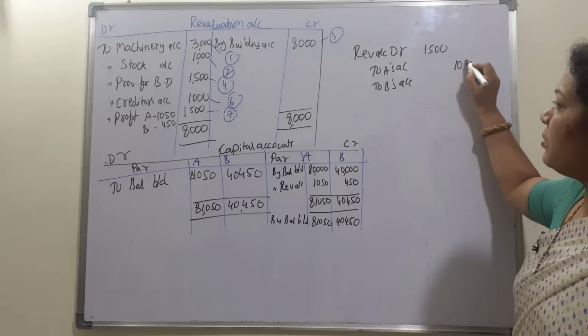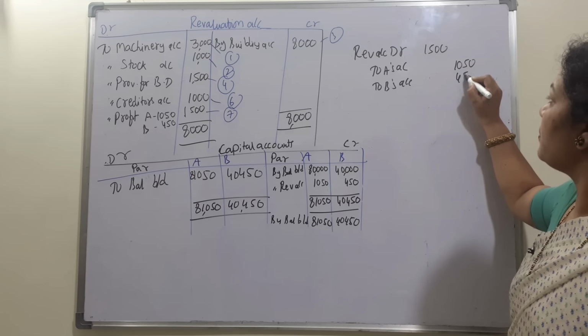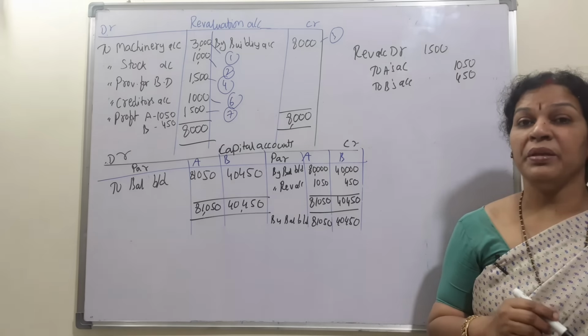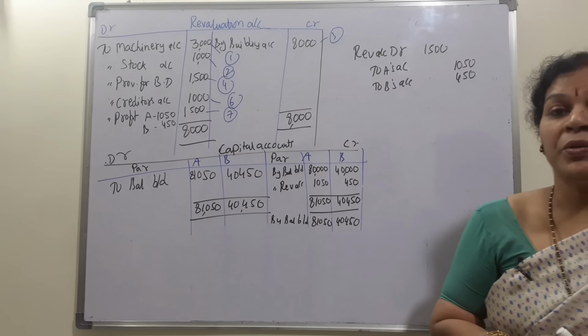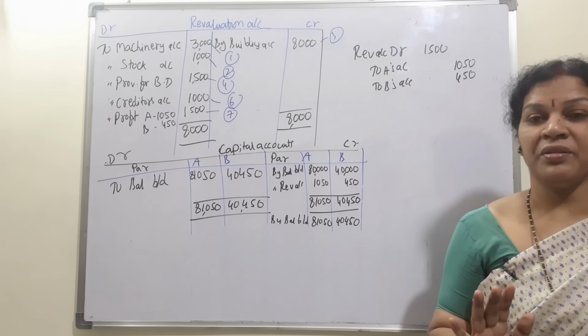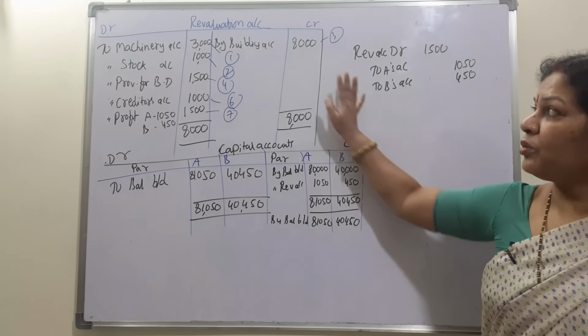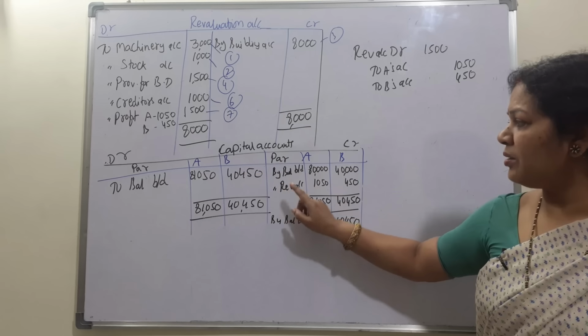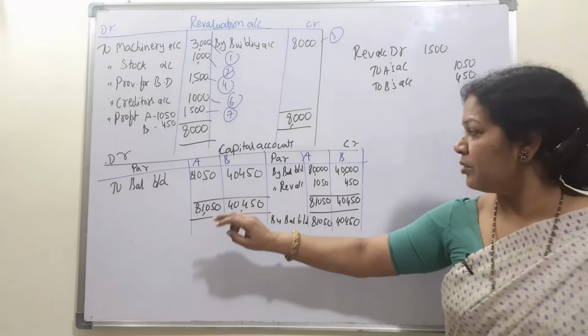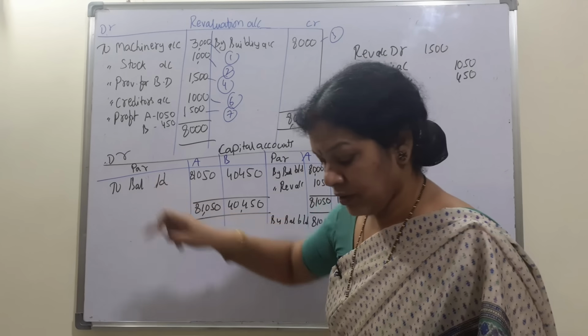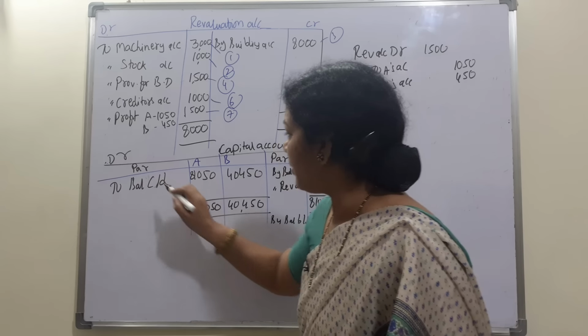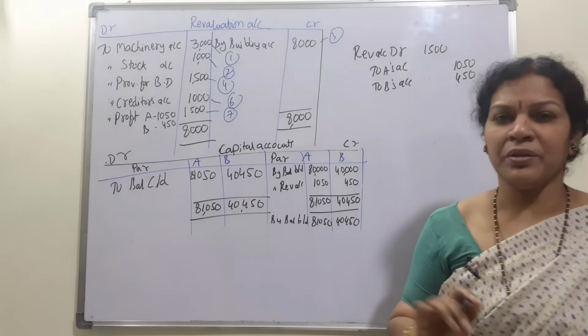For A it's 1050, B it's 450. Being profit transferred to capital accounts. Okay, so this is over. Now for brought down and carried down, we don't write journal entries.